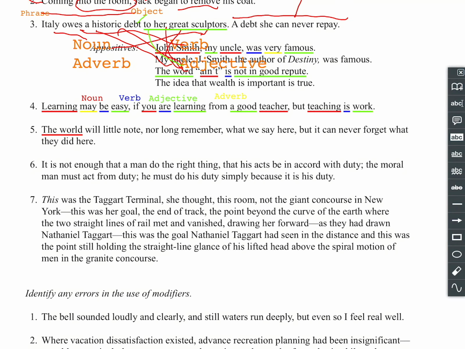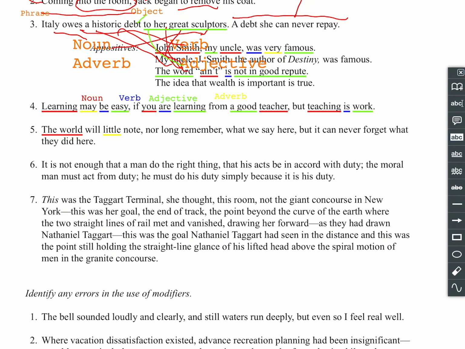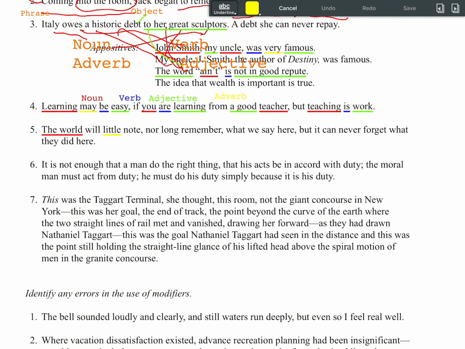Okay, so save, change colors, yellow for little, save, change colors, and then verb, will note. Okay, so we have nor, long, remember. So the world, remember. So remember is a verb.